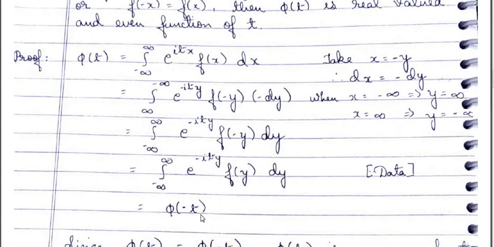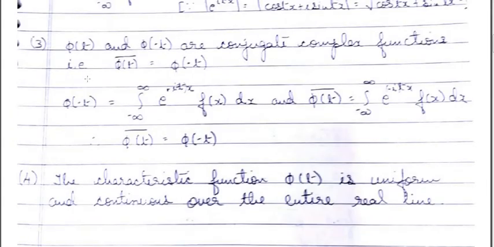So f of minus t, this is nothing but f of minus t, right? So f of minus y, this negative will automatically be positive because of the property we use, that phi t and phi of minus t are conjugate complex functions, so that phi t is equal to phi of minus t, right?